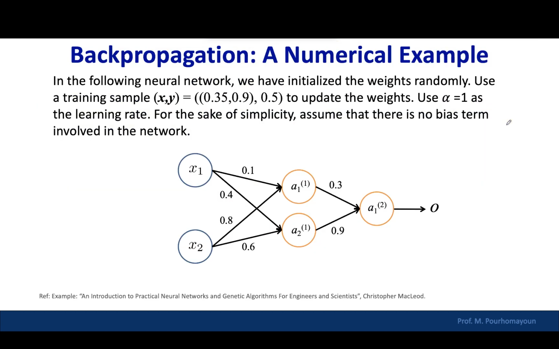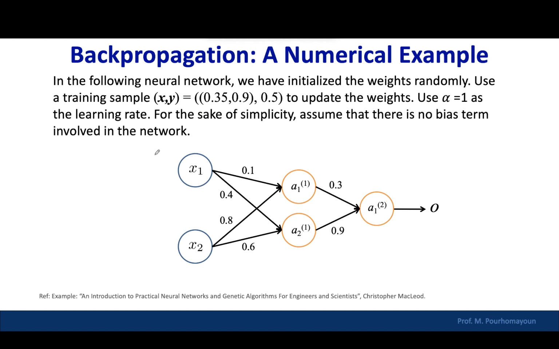This is our numerical example. Suppose that we have this network. This is one training sample, X and Y. Y, 0.5, is the desired output, and X is the input.